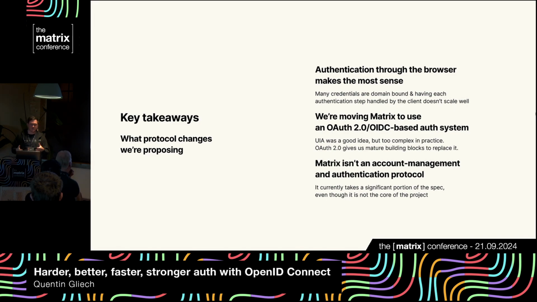UIA was probably a good idea at its time, but it's really too complex in practice, and OAuth is giving us major building blocks to replace this. This also comes with the fundamental realization that Matrix isn't an authentication protocol. It was not meant to be. You need it for the ecosystem, you need it to work, but it's not supposed to be a significant part of the spec, and it currently is.